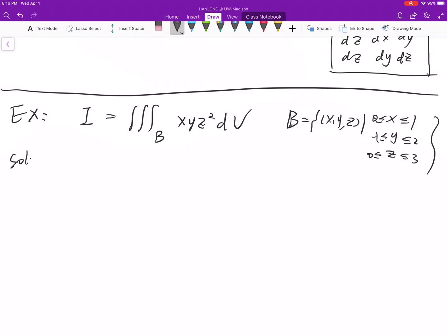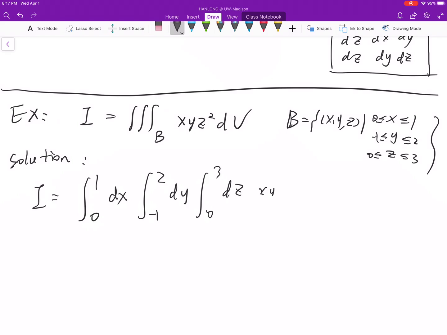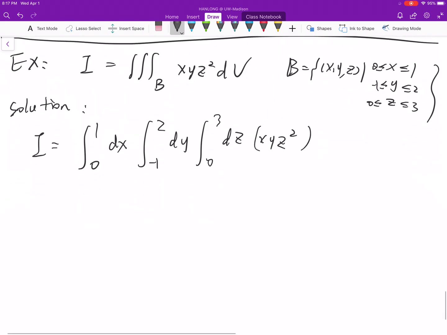Okay, the question is easy. We just write it down as a triple integral. You can take any order you want, but for me, I just follow the order: from 0 to 1 dx, from negative 1 to 2 dy, from 0 to 3 dz, of xyz squared.